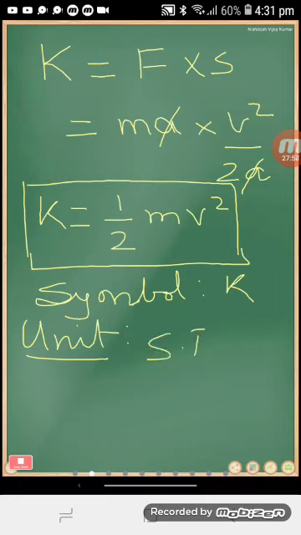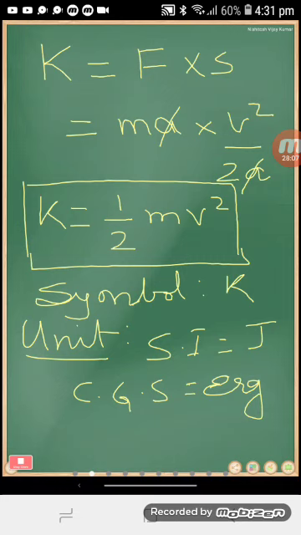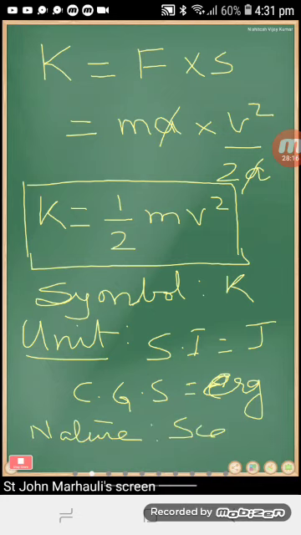So the SI unit will be joules, and the CGS unit will be ergs. By nature, it will be a scalar quantity.